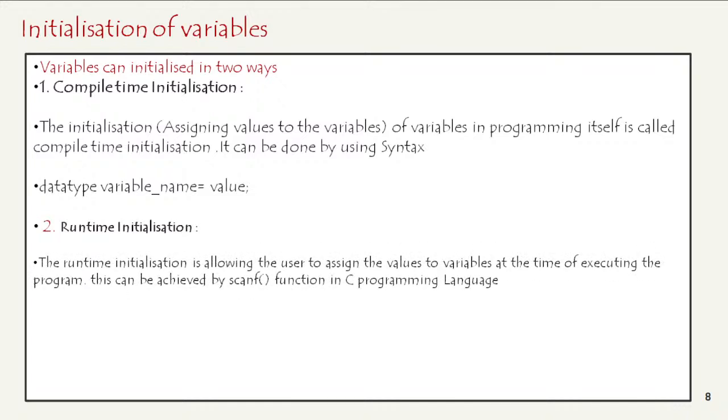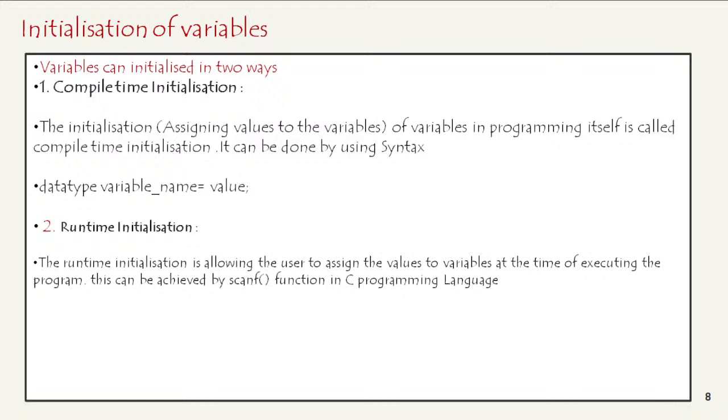And the second type of initialization is runtime initialization. Runtime initialization allows the user to assign values to variables at the time of executing the program. So when we execute the program, if we want to initialize the values of our variables at that time, we can go with the second type of initialization.